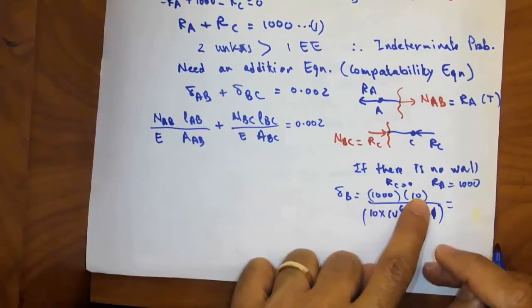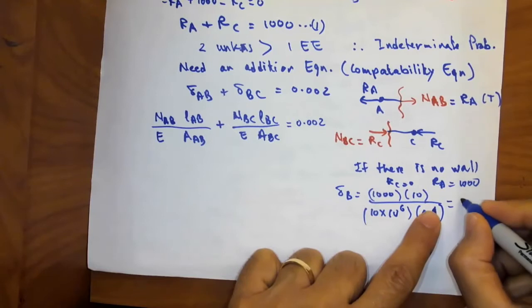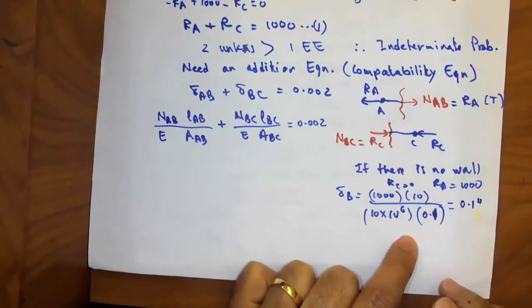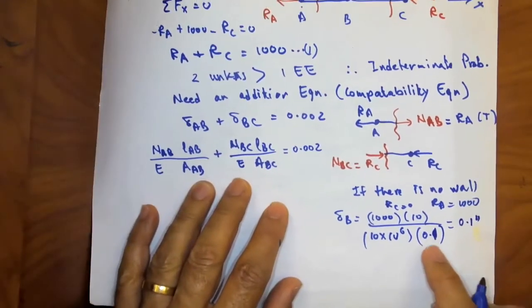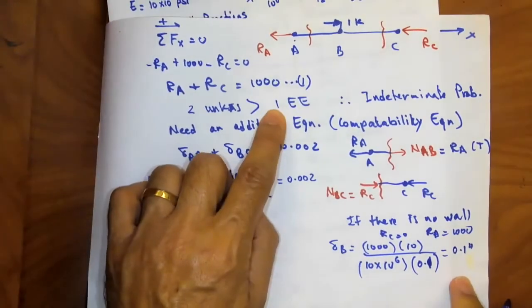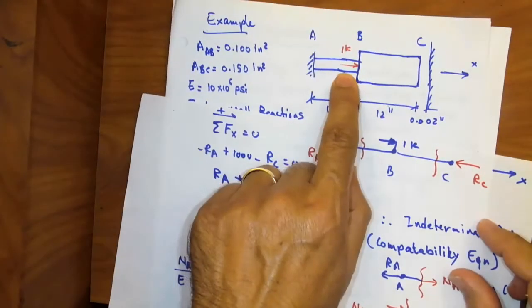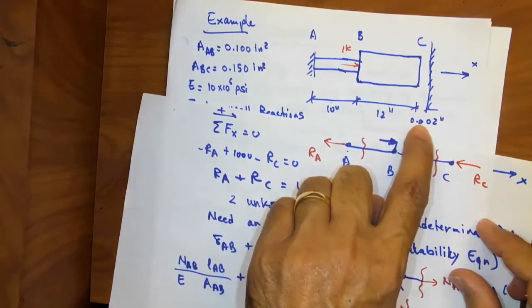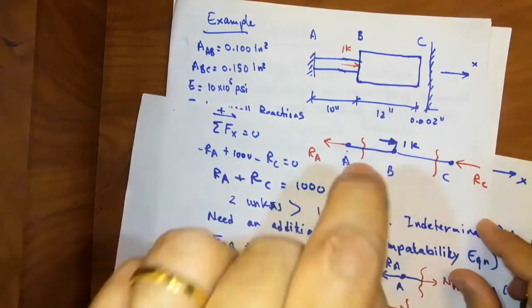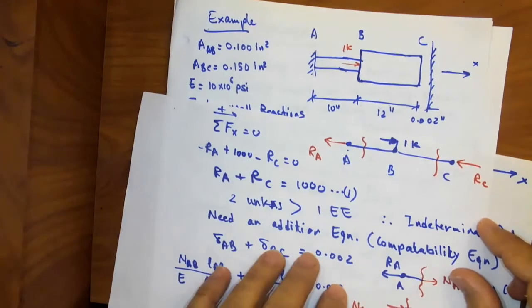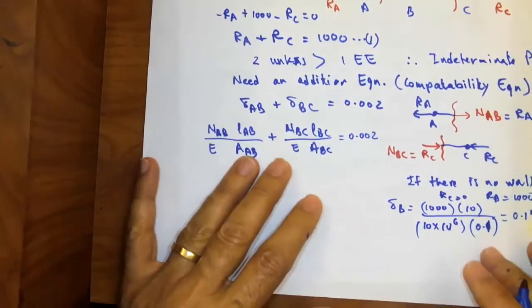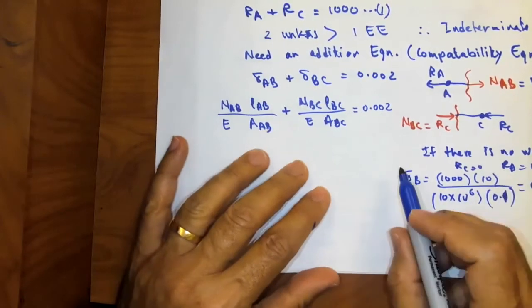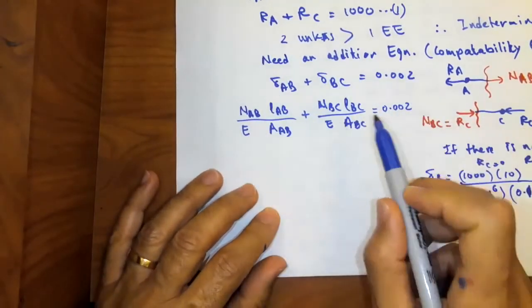So 10 to the power 4 divided by 10 to the power 5, I get 0.1 inch. Now, what does that tell me? If delta B is going to be moving 0.1 inch, then delta C is going to move 0.1 inch, which is greater than 0.002. So for sure, C is going to hit the wall. If C is hitting the wall, then this compatibility equation here is correct.